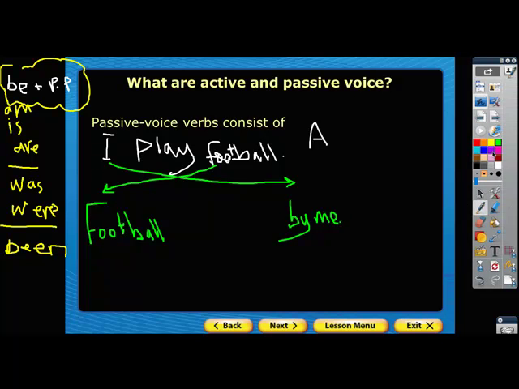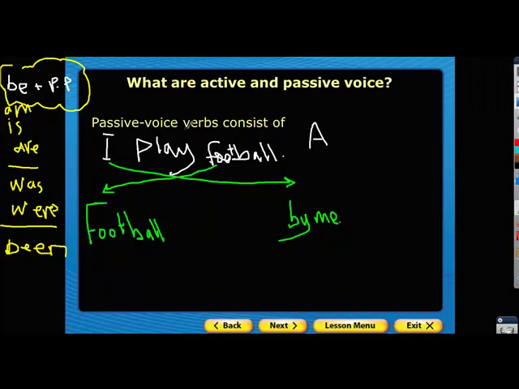What about the verb itself? What shall I do concerning the verb? We said that I need verb to be and the past participle of the main verb. What is the past participle of play? Yes, played. We add ed at the end. But what about verb to be? Here, ask yourself what tense it is.